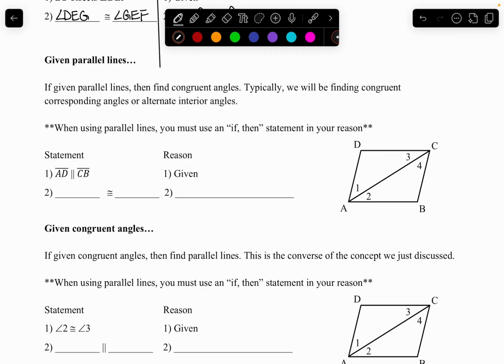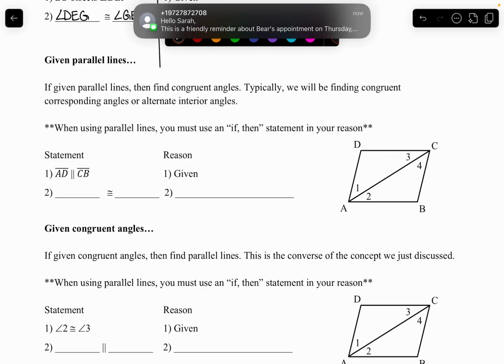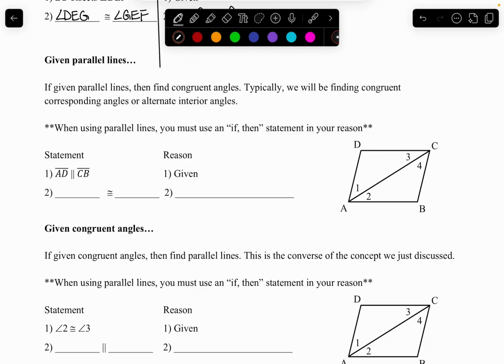Now, something really important for you to note is that when you are given parallel lines, or if you're looking for parallel lines, we have to ensure that we use an if-then statement in our reason, okay? It's just something that we have to do.